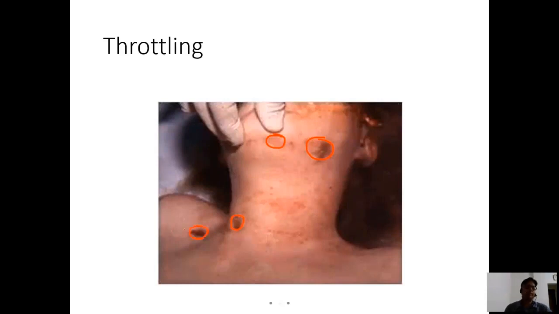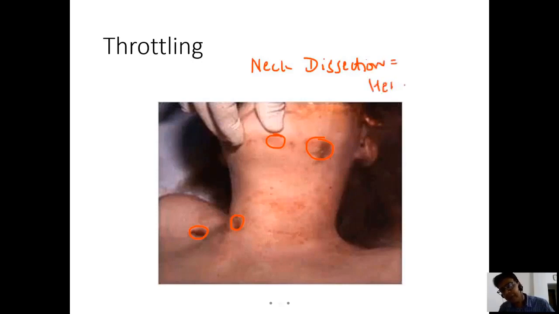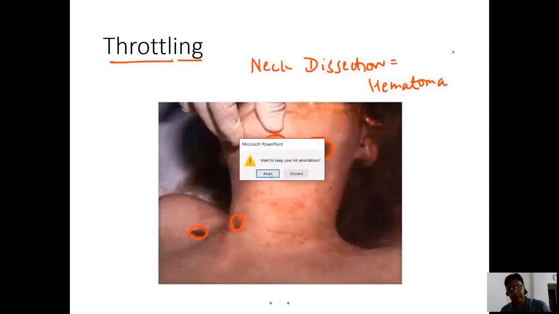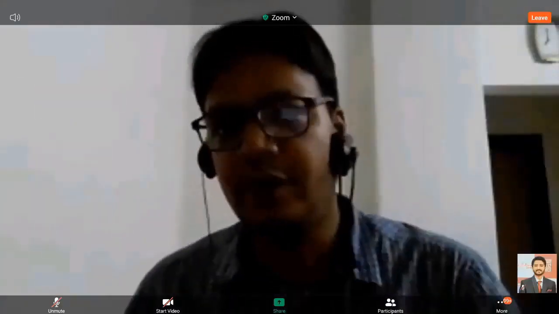There is no fixed ligature mark. These are six penny bruises. When you dissect, you can find hematoma. Sometimes a neck dissection picture is given, and in neck dissection you will have hematoma. That suggests this is throttling. And maybe nail abrasion, which are semi-lunar or crescentric.